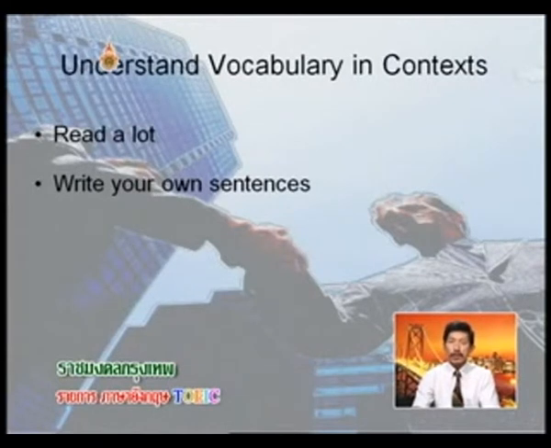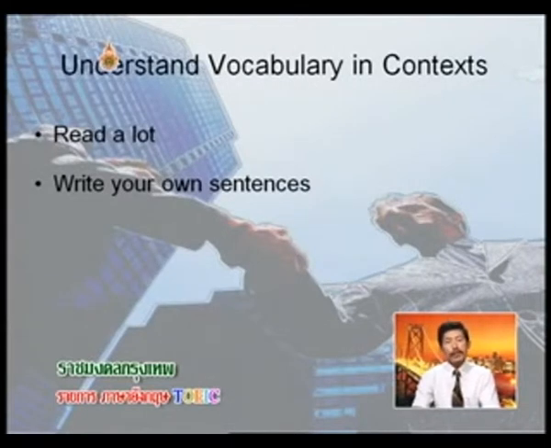You might start from something of your own interest to something that is necessary for you at work. By reading, you recognize more words, you encounter the same words very often, so it will help you remember and understand them.